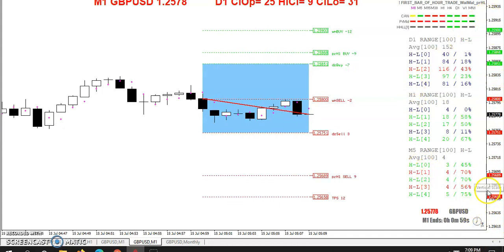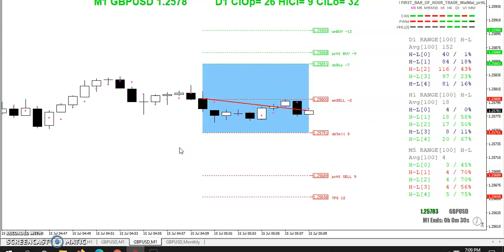So that's what the side markers are for, at least that's how I use them. I don't know how other people use them. In fact, if you use them for something else, let me know. But I just saw that as a benefit, especially when you're in a trade. That way you can see where price is and you can see the level of your trade.